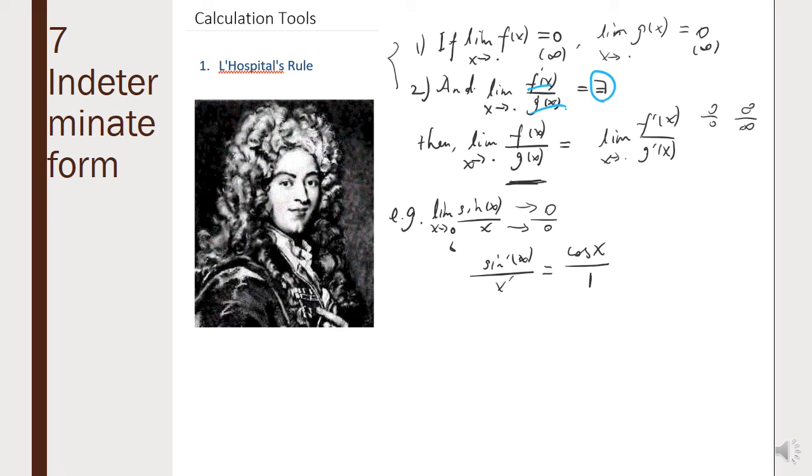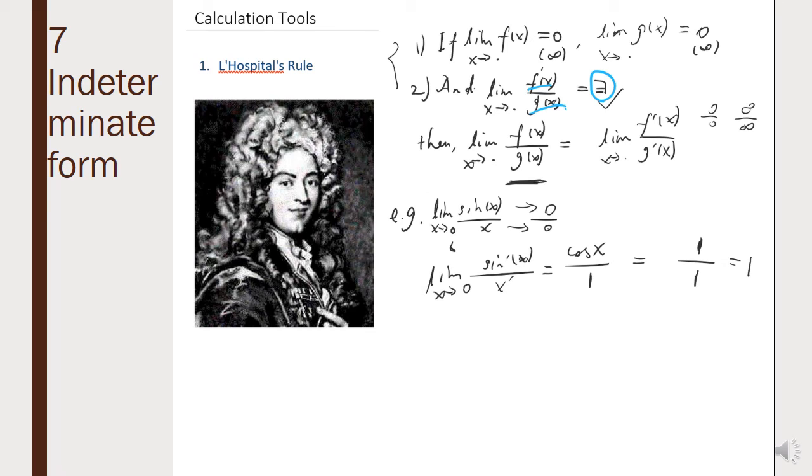When x is going to 0, from your trigonometry knowledge, we understand that cosine x is going to 1. And in the denominator, we have 1 as a constant. So 1 over 1 gives us 1. So we have confirmed that the limit of the derivative of f over the derivative of g when x is approaching 0 really exists. So this one is satisfied too.